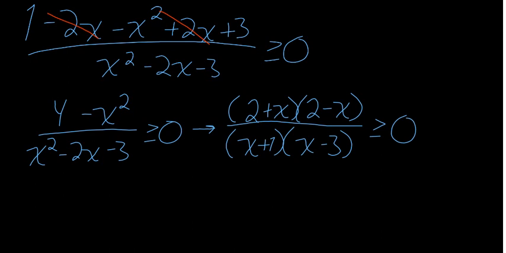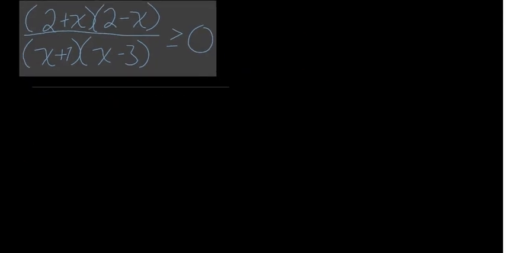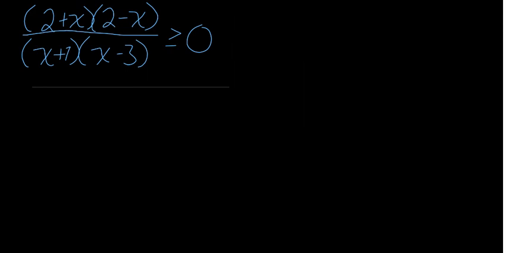Okay, so we've now officially got to the point where we just do the same thing we did in example 1 and 2. So let's snip this to a new page, and we're going to do our line.